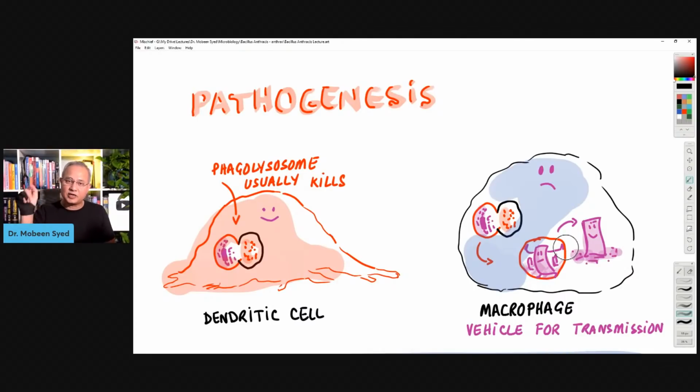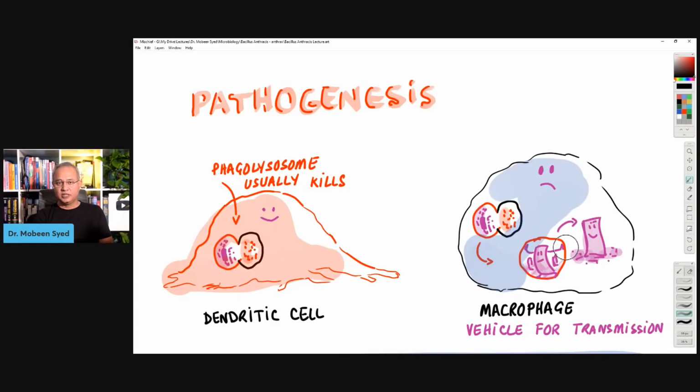Because by the time macrophages reached there, Bacillus anthracis has come out of the vesicle, infected the macrophage, killed it, come out of the macrophage, then infected other cells. This is why Bacillus anthracis infections mostly start in the local lymph nodes instead of the place where it got contaminated, deposited.